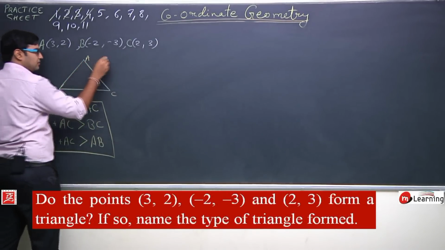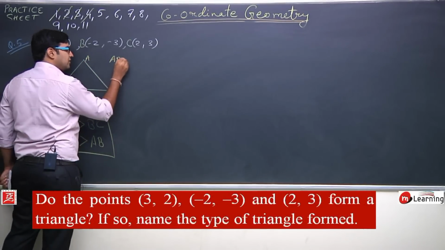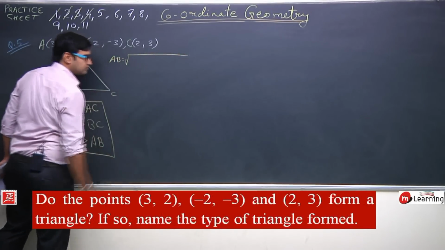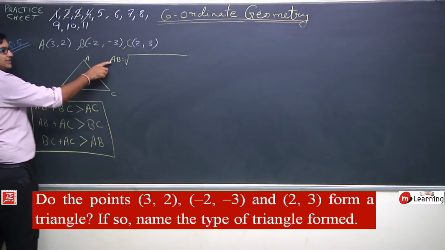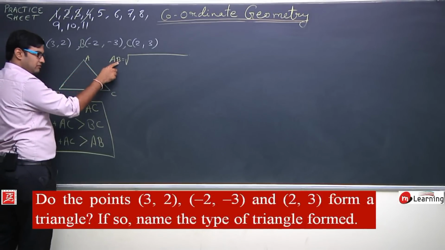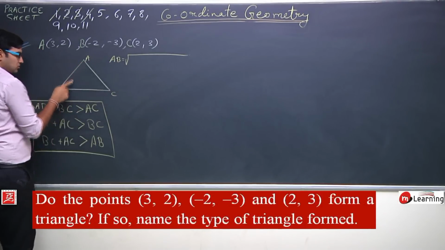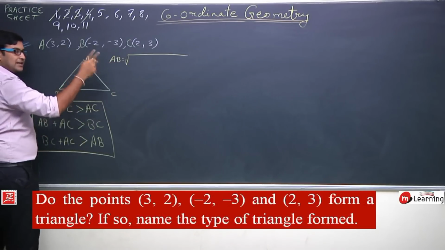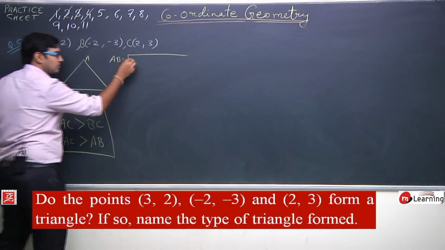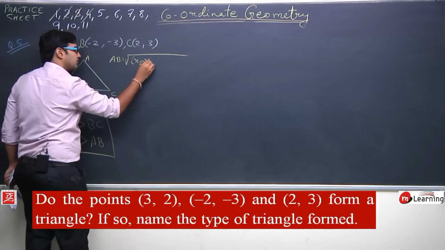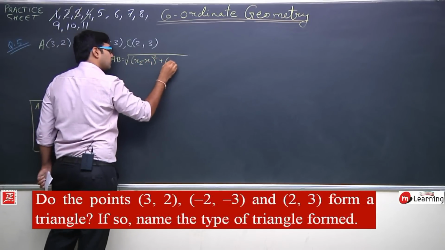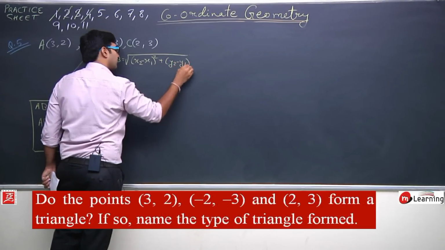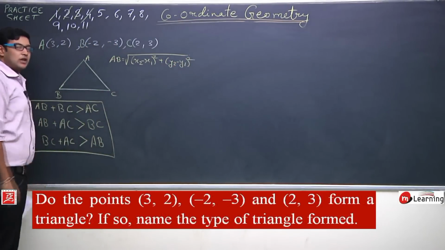The length of AB will be equal to the square root of, now in this A will become (x1, y1), B will become (x2, y2). So for calculating AB, x2 minus x1 whole square. Okay, let me write the formula here. This is the general distance formula.